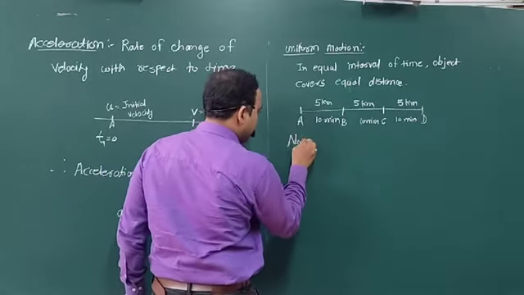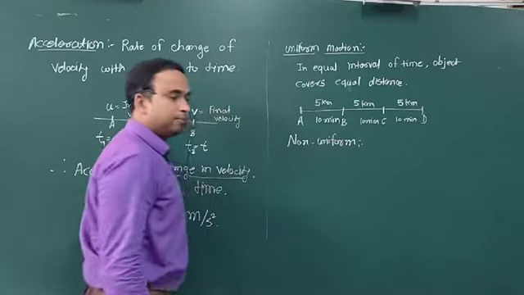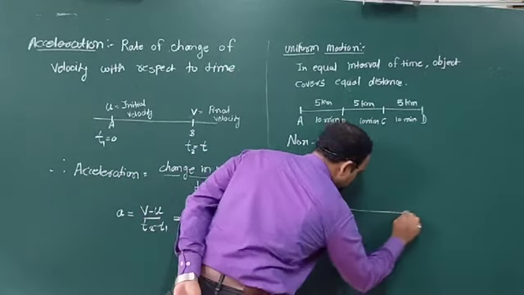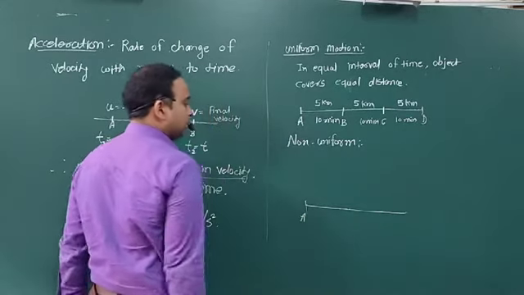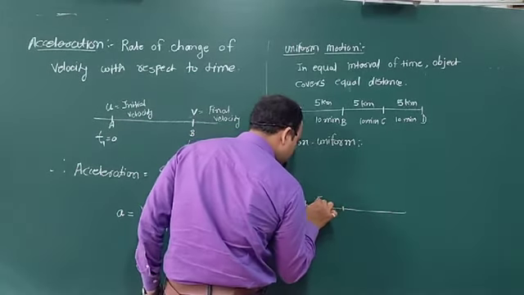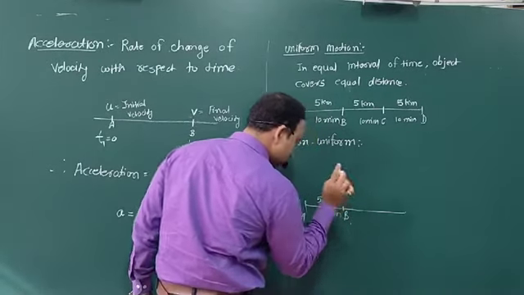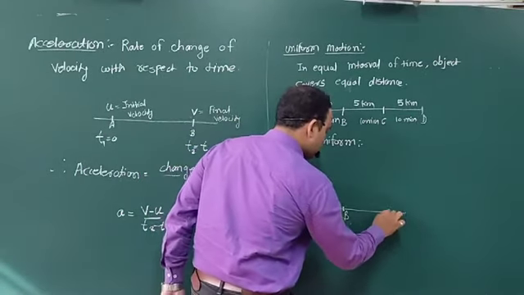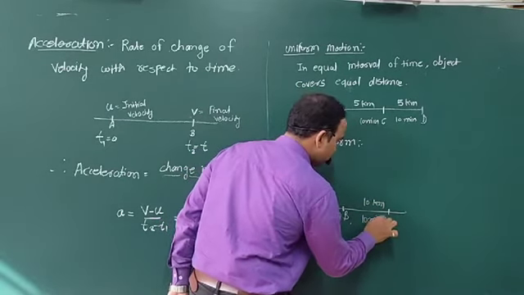Now, what is meant by non-uniform motion? Suppose we take the same example. A particle is moving in a straight line, starting from point A. This particle covers 5 kilometer distance in 10 minutes and reaches point B. Again, this particle covers 10 kilometer distance in 10 minutes.